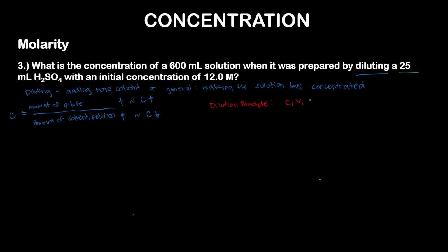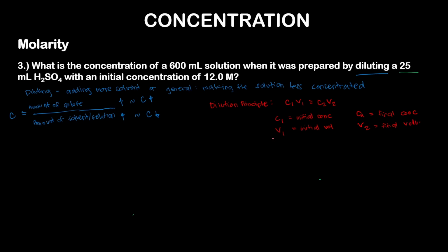C1 V1 equals C2 V2. Okay, C1 here is the initial concentration, V1 the initial volume, C2 the final concentration, and V2 the final volume. And this is pretty straightforward.